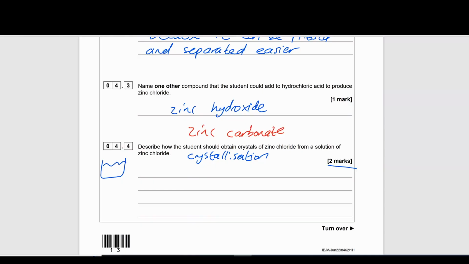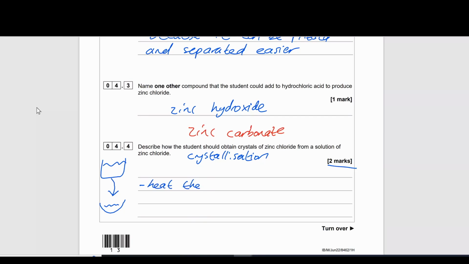So what would the next logical step be to ensure we can get crystals? We would transfer this to an evaporating basin. We would then heat up that evaporating basin. So our first point then would be to heat the solution until it evaporates.